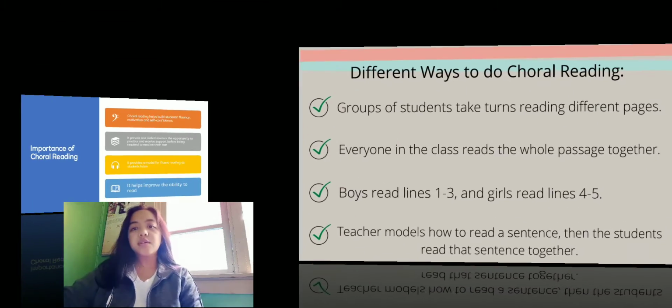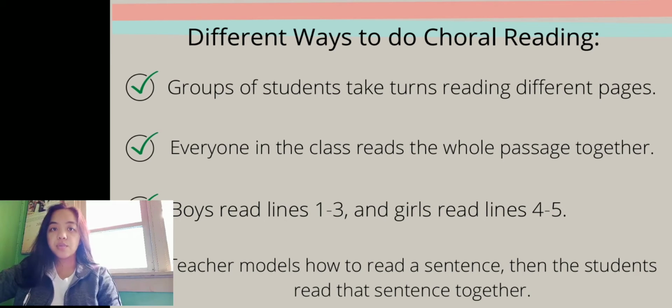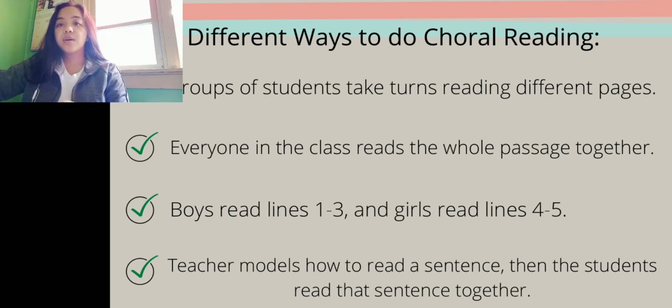There are different ways to do choral reading. One is to divide your group into 2 or 3 subgroups and take turns reading different pages. Or everyone in the class can just read the whole passage together. Third, you separate the boys from the girls and they each read different lines.